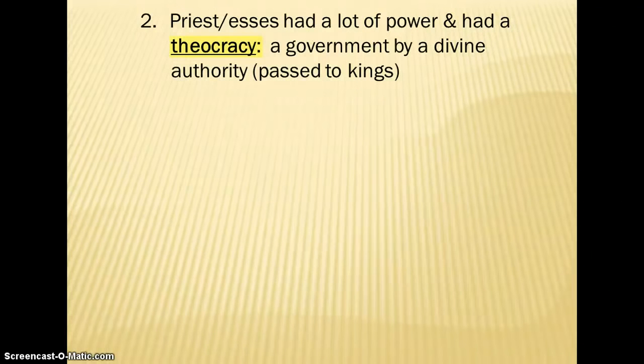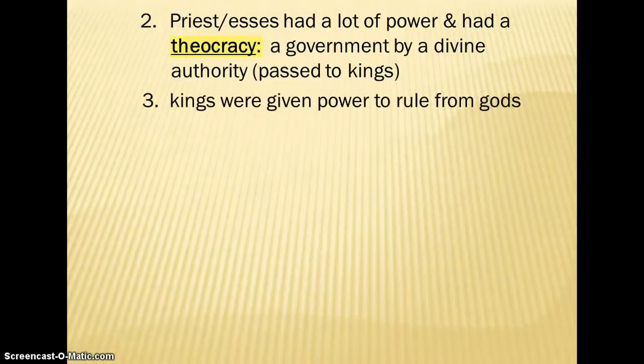Mesopotamia was ruled governmentally by a theocracy. A theocracy is where the gods select the kings, not elections by the people. And so the priest or priestess were really close, kind of the second-hand man to the king.